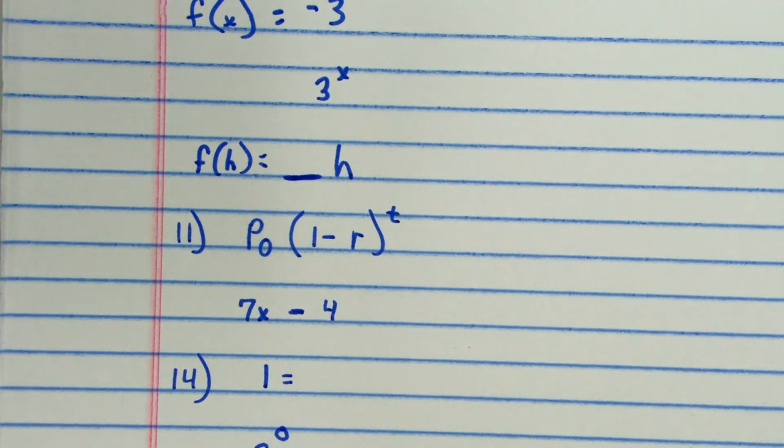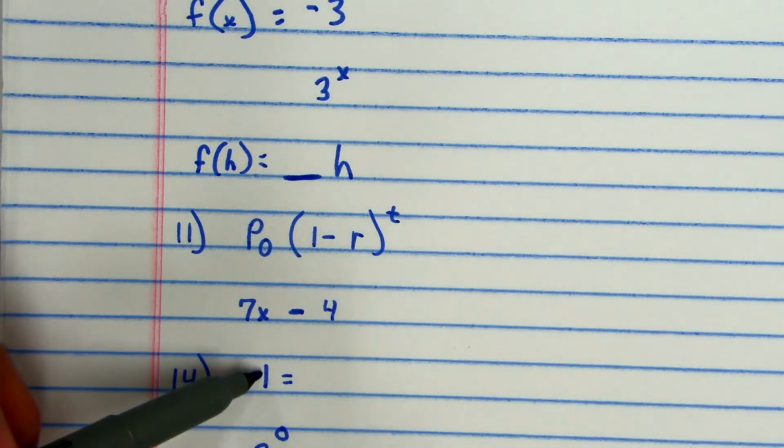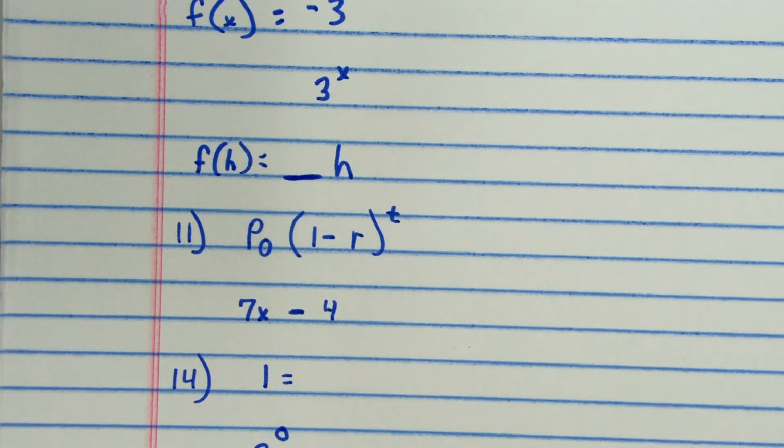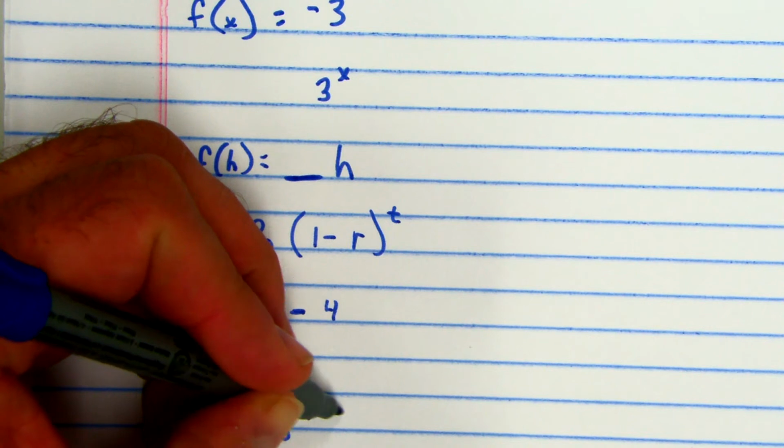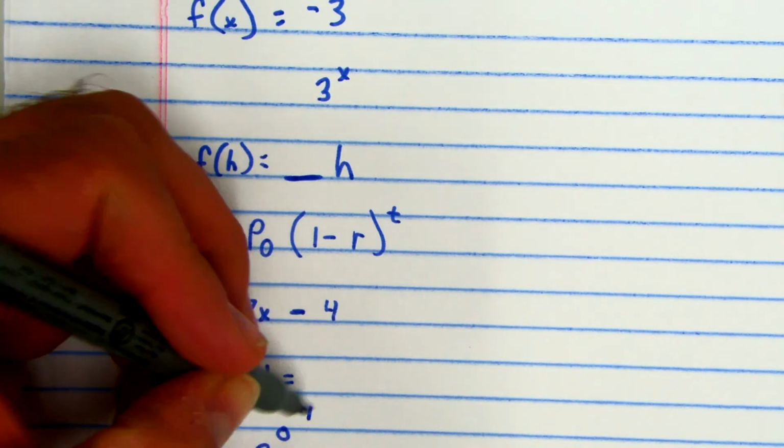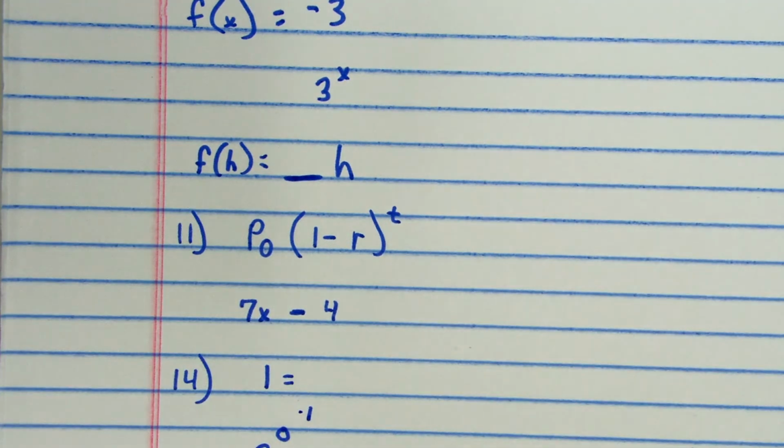So you know that the base number is supposed to be 3 because they're all multiples of 3, 3, 9, 27. The problem is 3 to the 0 power gives me 1. So what math problem, when I make it 1, blank equals 0? Hopefully you know it's 1 minus 1 equals 0. Okay.